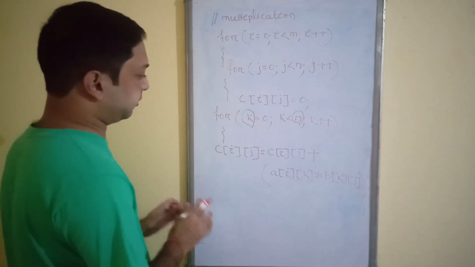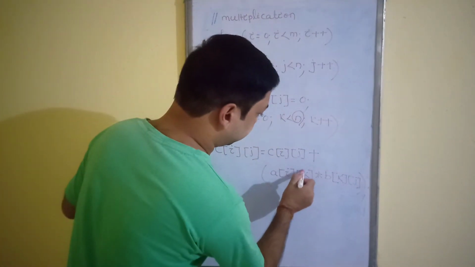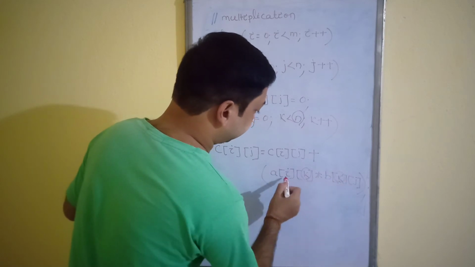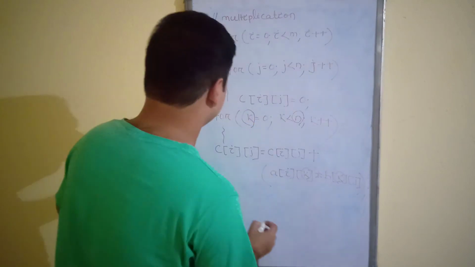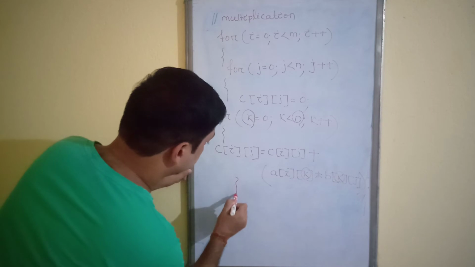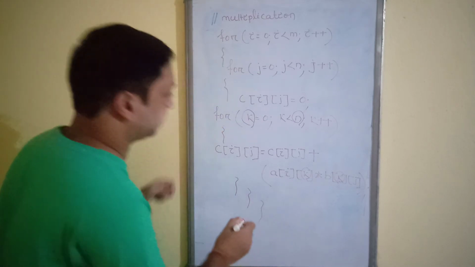So this is the simple logic, where k will be the common index. So finally we can get the resultant matrix of ij. So this is the end of this three-loop block.